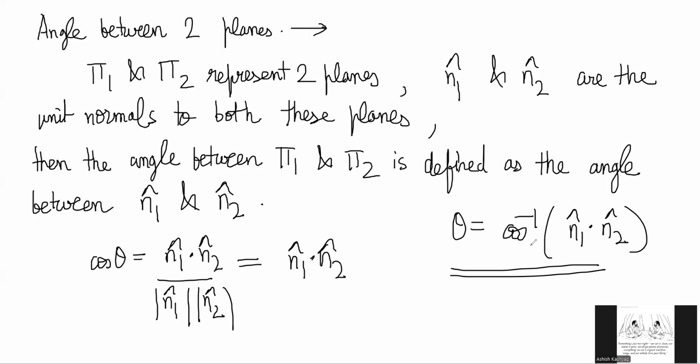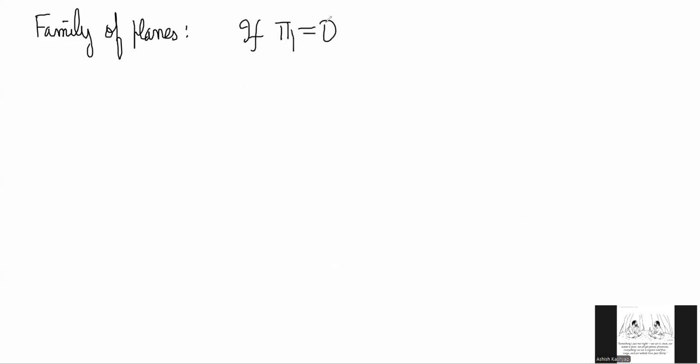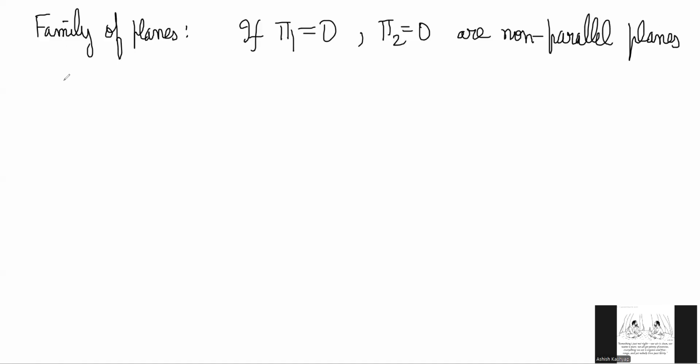Now, another point I would like to add here is family of planes. So if pi 1 equal to 0 and pi 2 equal to 0 are non-parallel planes, and these planes intersect in a straight line.